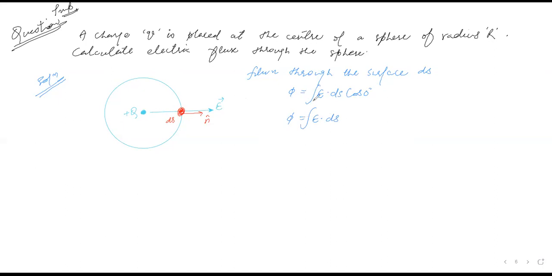Now we already know the electric field. The value of the electric field at this point is kq over r square.